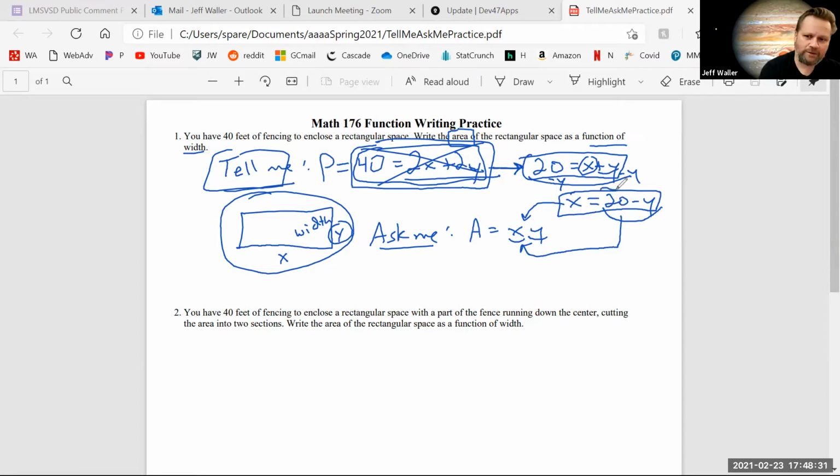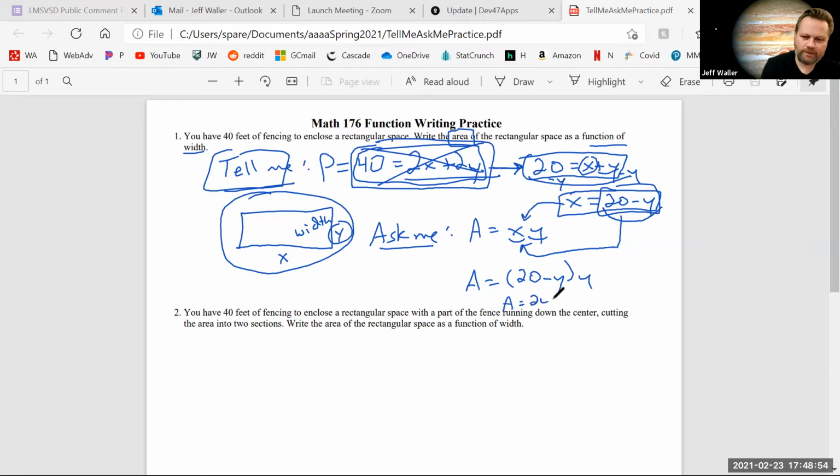Yeah, x is 20 minus y. So anywhere I see x, I can replace it with 20 minus y. Now is my area a function of width only? Yeah. All right.